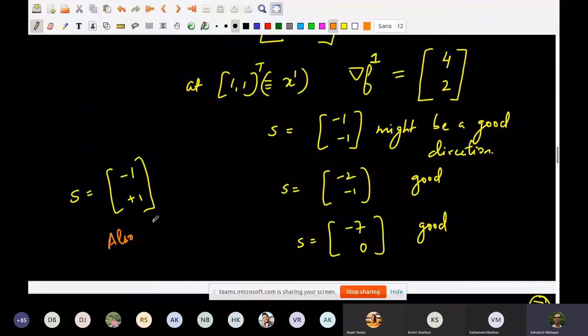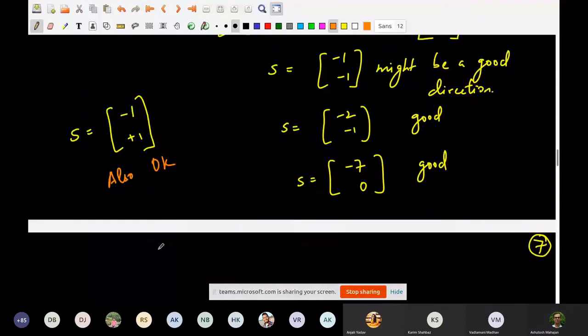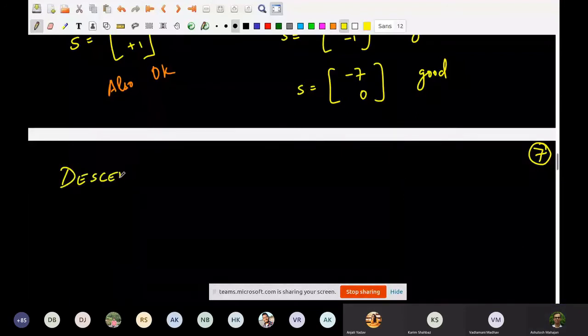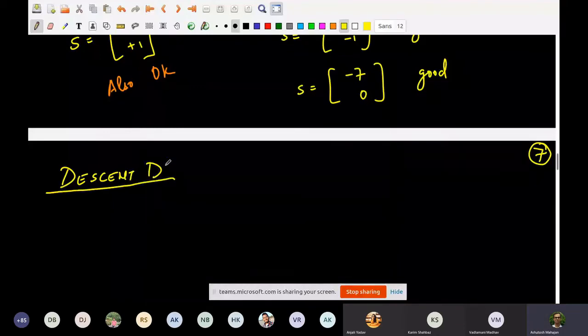So I would say a descent direction is a direction where, very roughly speaking, the function decreases in the neighborhood.